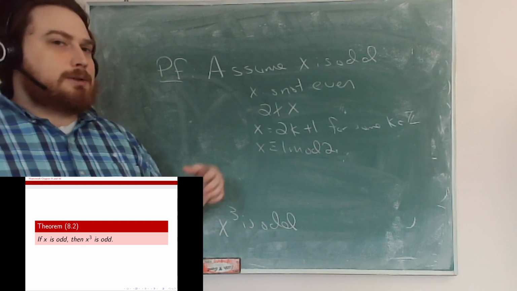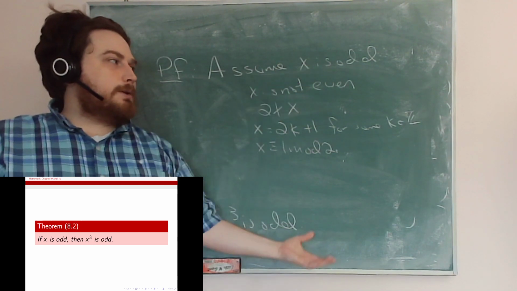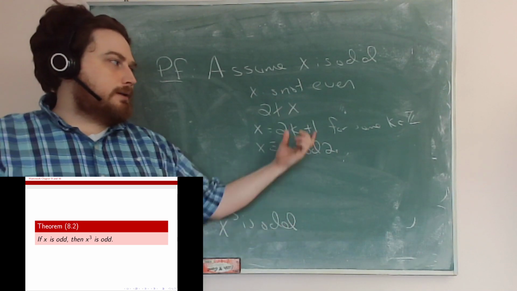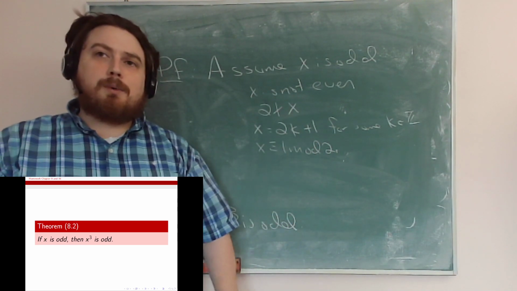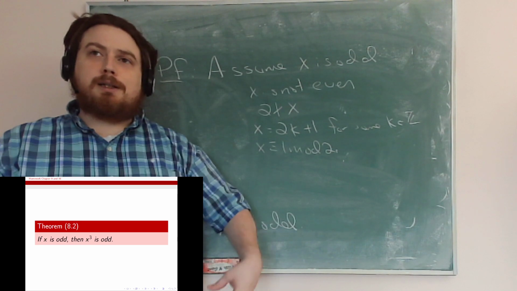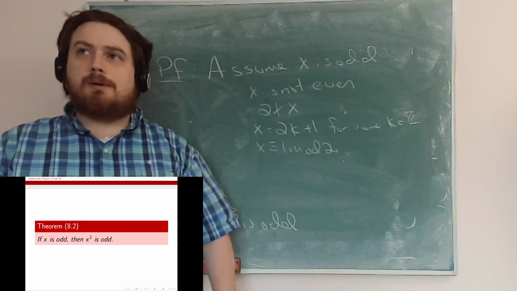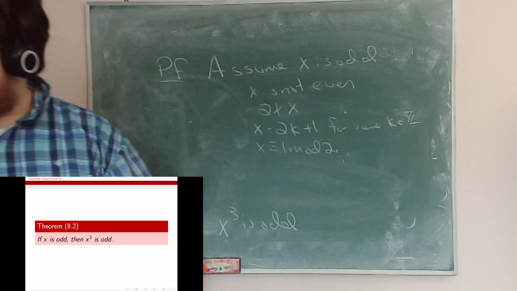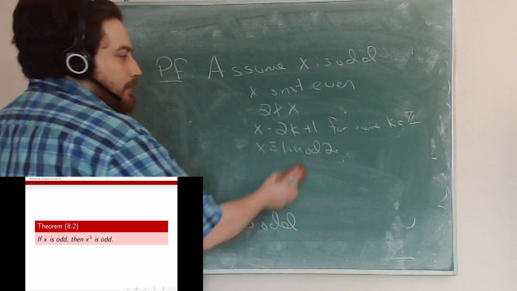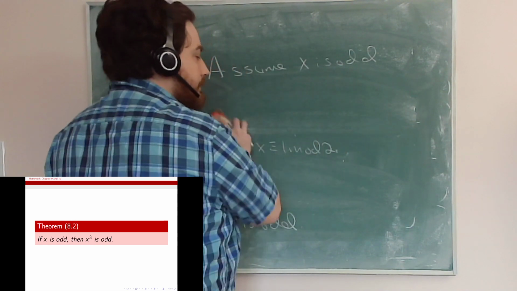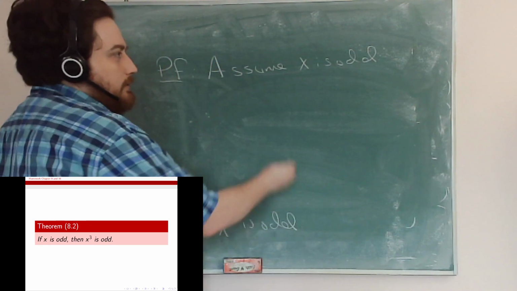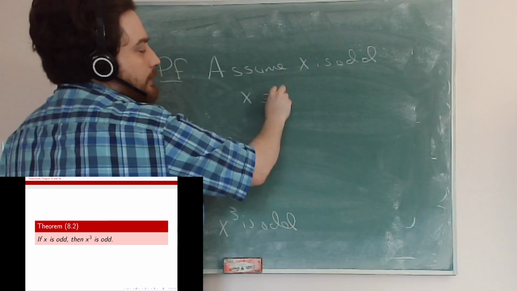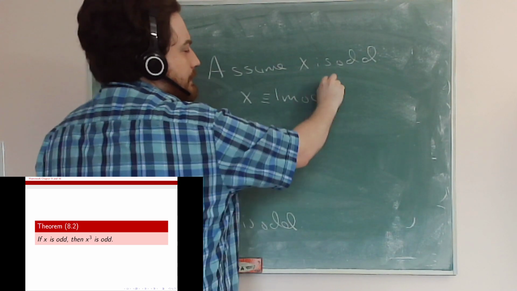Now, as I'm starting this proof, I'm writing down a whole bunch of different definitions. I'm definitely not going to use all of these, but I want to have them up there to think about the easiest way to do this proof. I'm actually going to do this one two ways for you guys. The first one I'm going to start with is the mod 2 approach. So if x is odd, x is congruent to 1 mod 2.